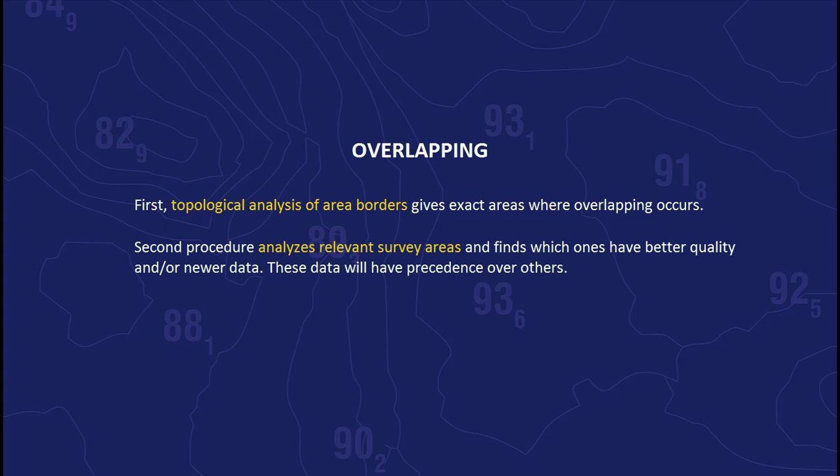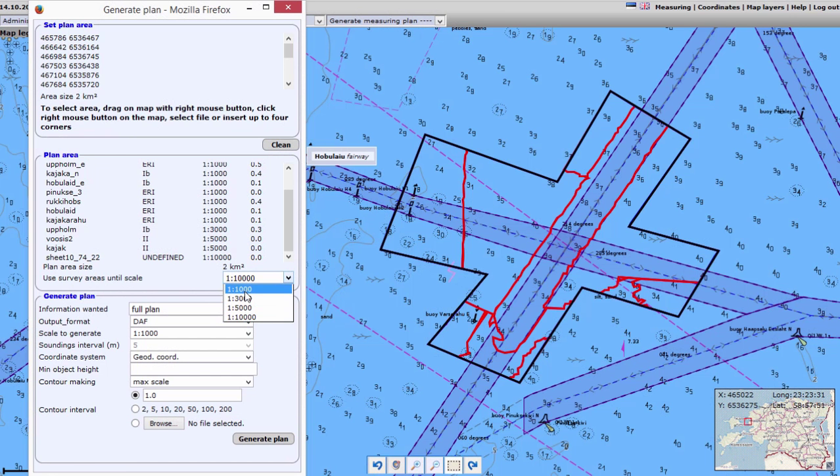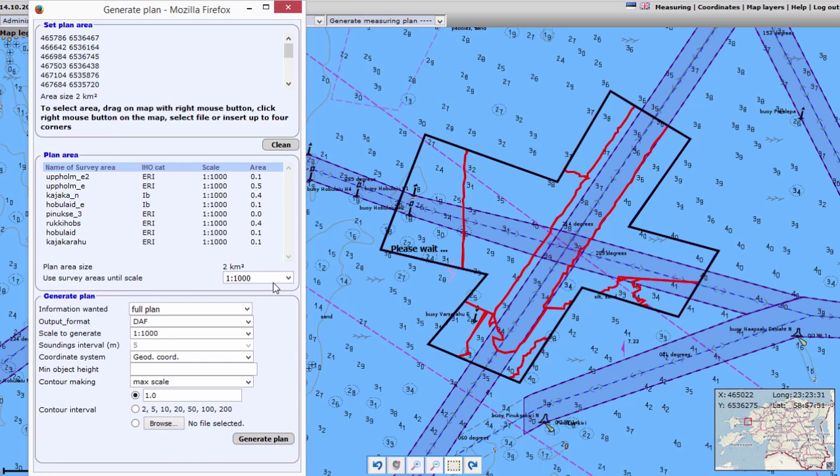Second, procedure analyzes relevant survey areas and finds which ones have better quality and/or newer data. Thus, querying depths from HIS gives only newest and better quality data from overlapping survey areas. Depending on required output scale, surveys with unfit densities can be excluded from selection.